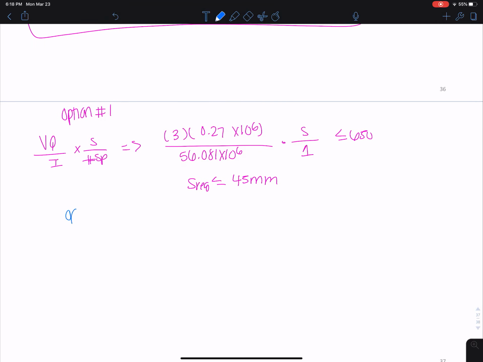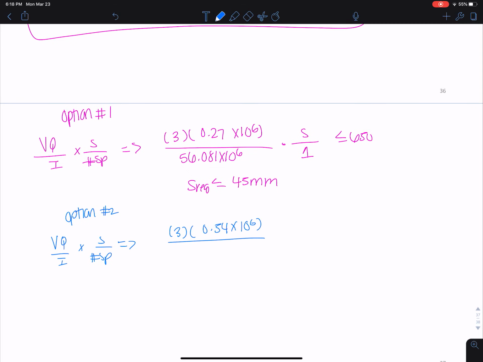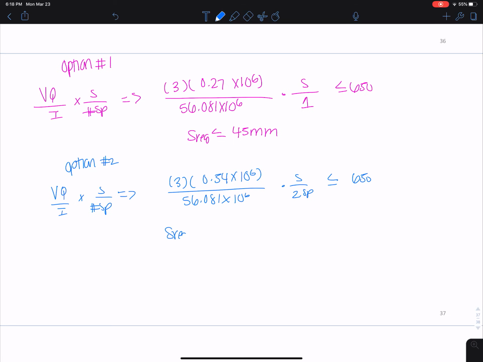For option 3, we get VQ over I times S over number of shear planes: 3, 0.54. You might already see what we're going to get. And we get our S required is less than or equal to 45 millimeters. The same thing. So it doesn't matter what you want to do, you get the same answer both ways. You pick whatever makes you happy, but both work.